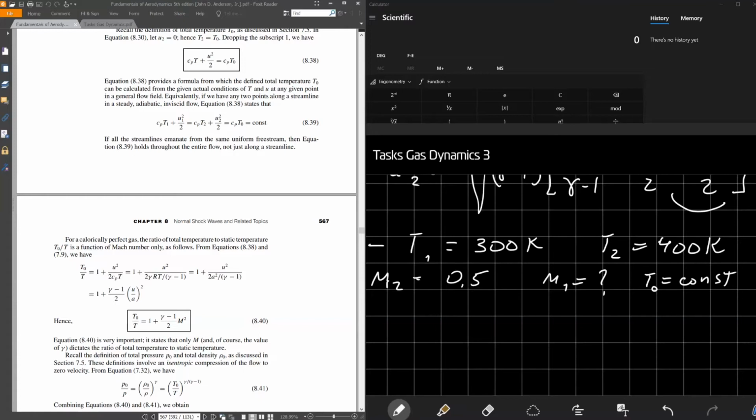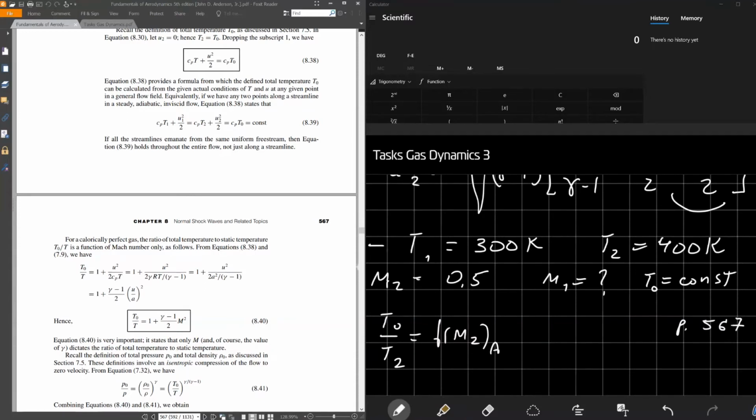So from this equation, temperature 0 divided by temperature 2 is a function of Mach number 2. This I will not calculate here, I will just take from Appendix A of the book, page 567.